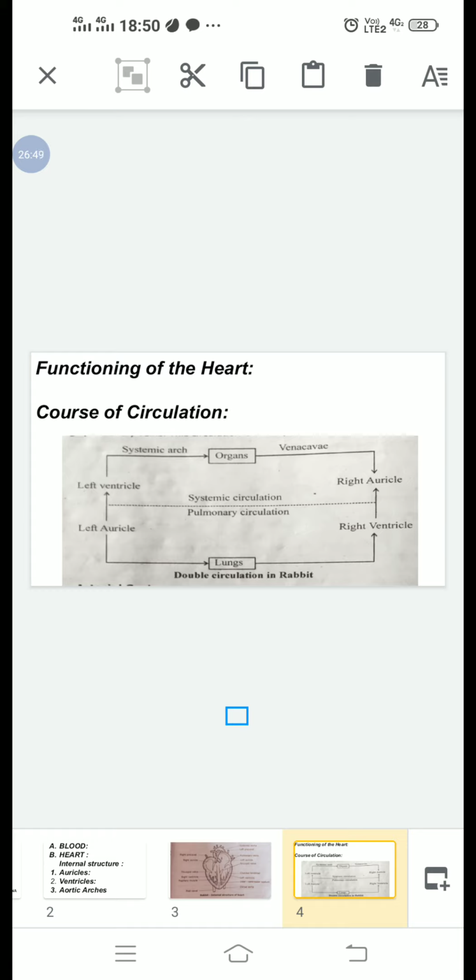This circulation is called pulmonary circulation. This is the course of circulation.